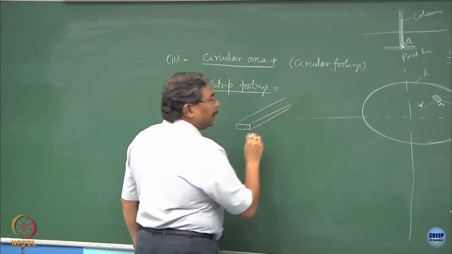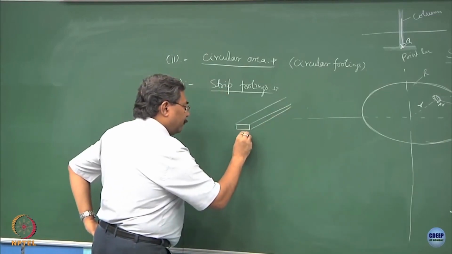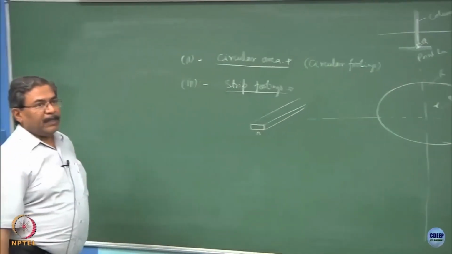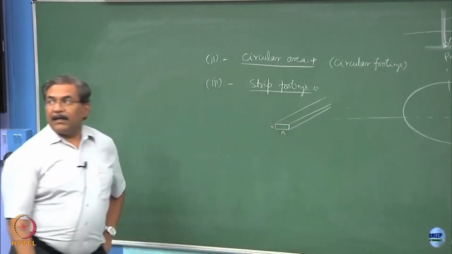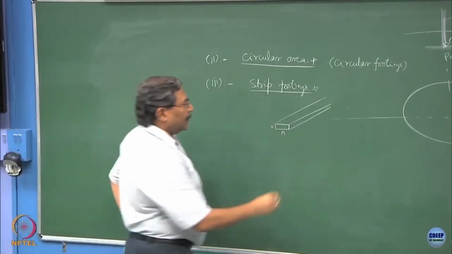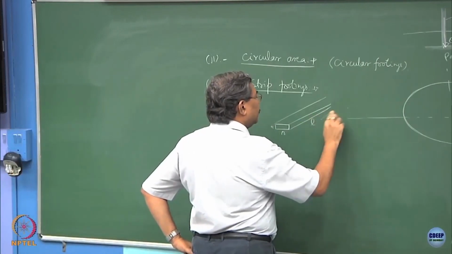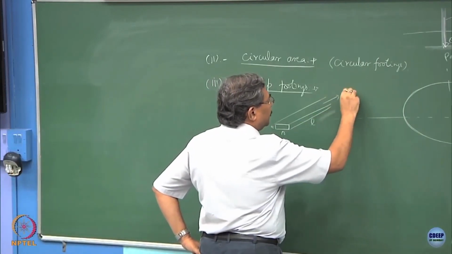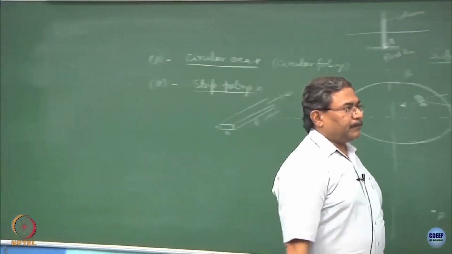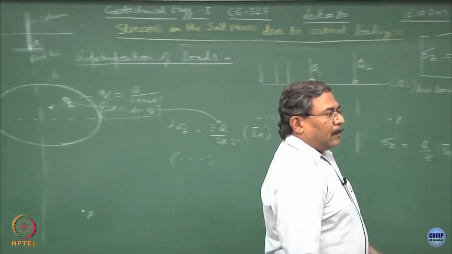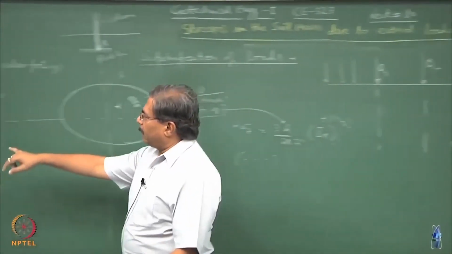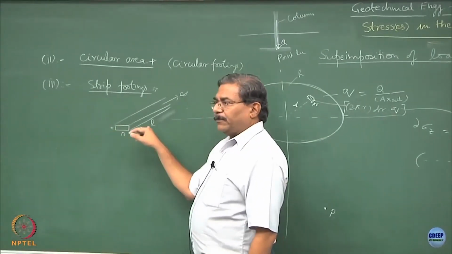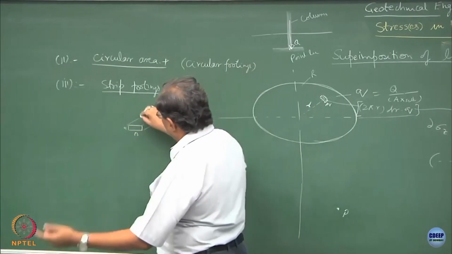When we say infinity, we mean that the width of the foundation B and the thickness of the foundation are much smaller than the length of the foundation. Clear? This becomes a strip footing, a one dimensional footing, because their width and thickness are very small as compared to the length. Yes, you need not worry.